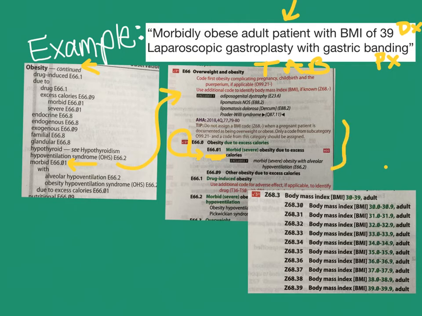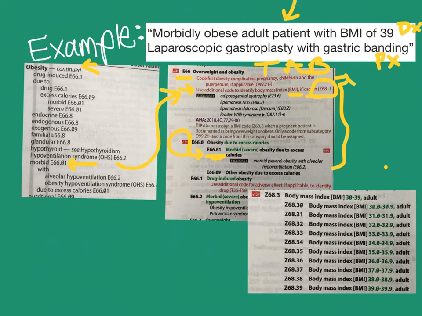So as we're looking through here, we can see for the E66 category, so any code that begins with E66, there's this note to use additional code to identify body mass index, BMI, if known, and then it directs us to the category Z68. So that's where we are going to head.